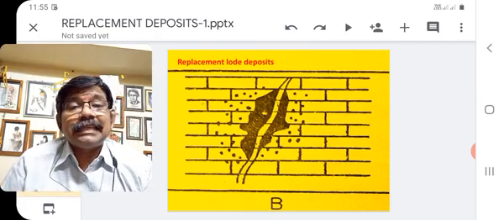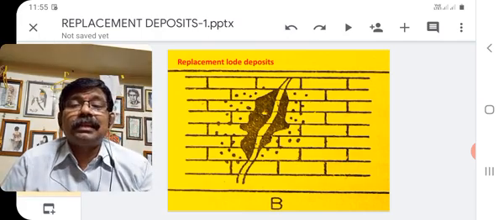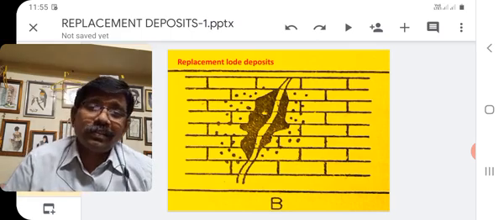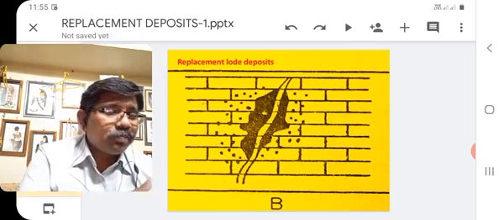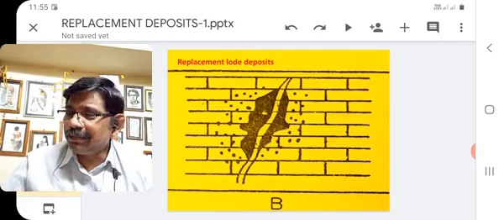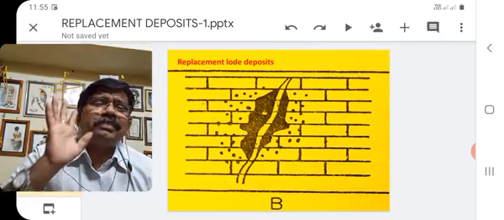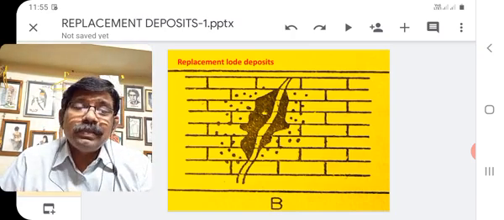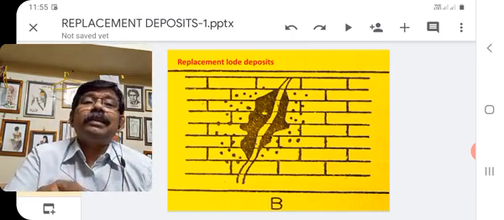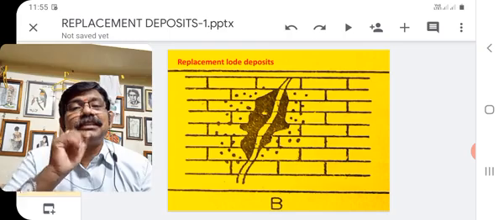When you are discussing the metals and minerals and other processes, they will say that they are formed like loads, they are formed like massive. This word load you will face again and again. Load means it is formed by the replacement deposit.